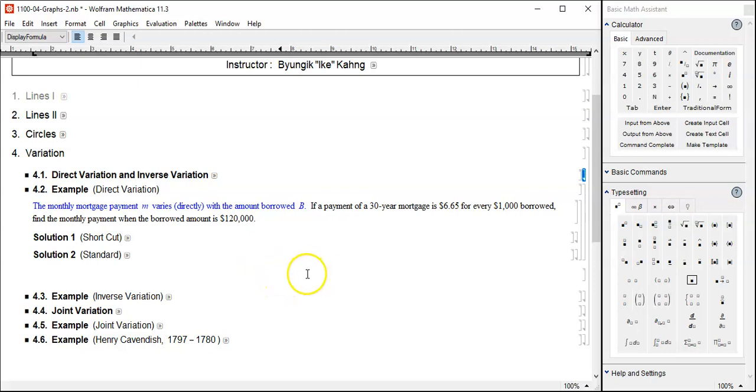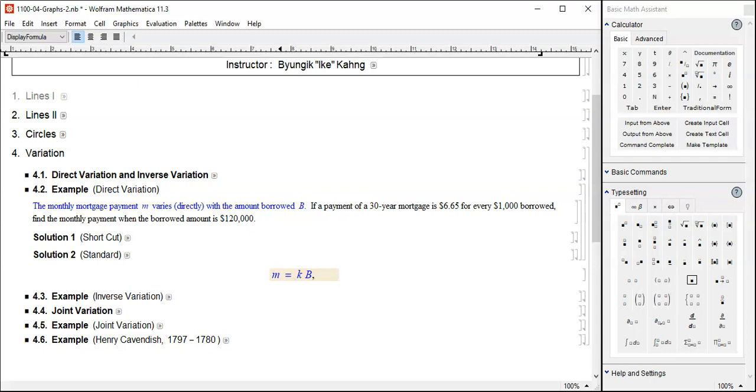So instead of x and y, we have capital B and small m. So m is k times capital B. And that's the proportional equation or variation equation you're looking for. Okay, we have a correct equation, but this equation is not useful because we don't know what k value is. So step 2 is to find k value.